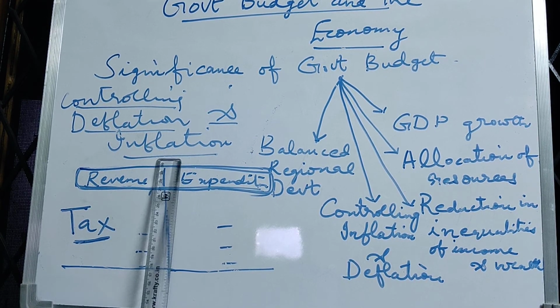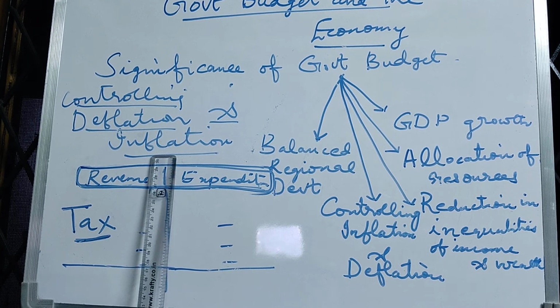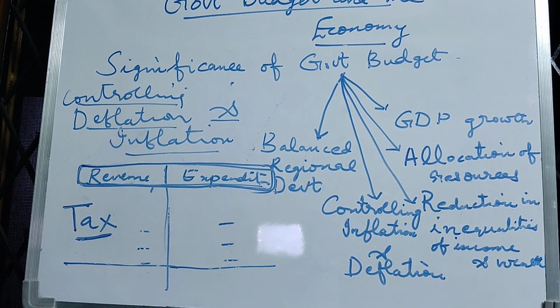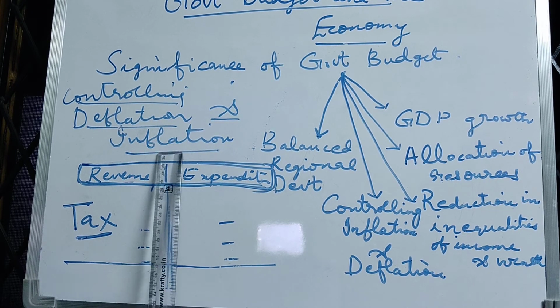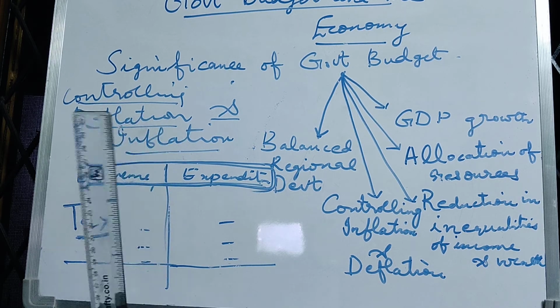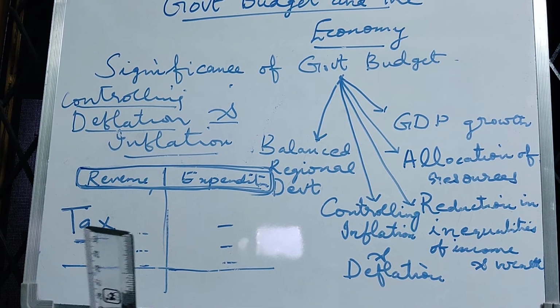Inflation occurs because the money supply in the economy has increased, whereas when the money supply decreases, deflation occurs.